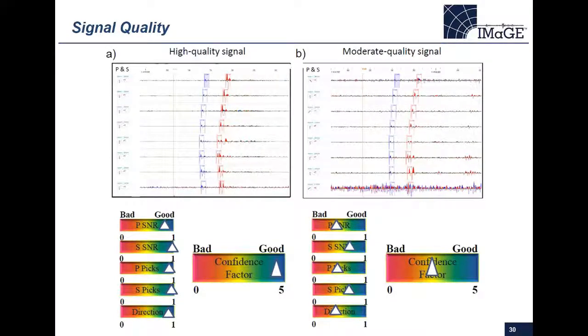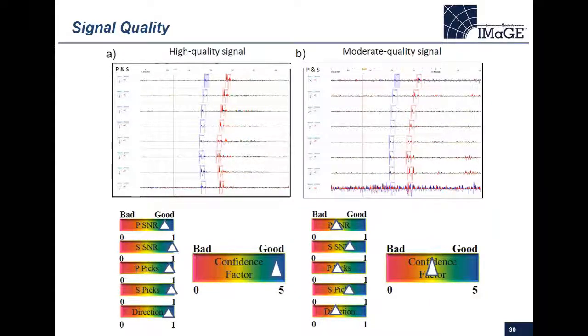But the things that you're more able to fix as a processor: when it says P and S picks here, it's talking about the residual between the theoretical arrival for its location and the actual pick, so the residual amount of time in milliseconds between those 2 picks. If they are pretty much right on top of each other, or there's no residual, you're going to get a value of 1.